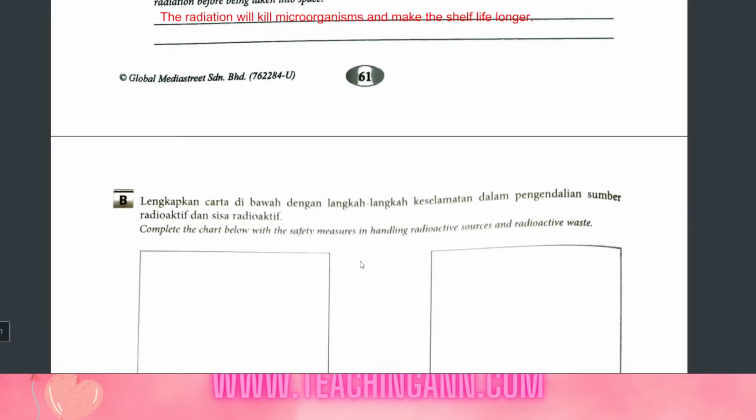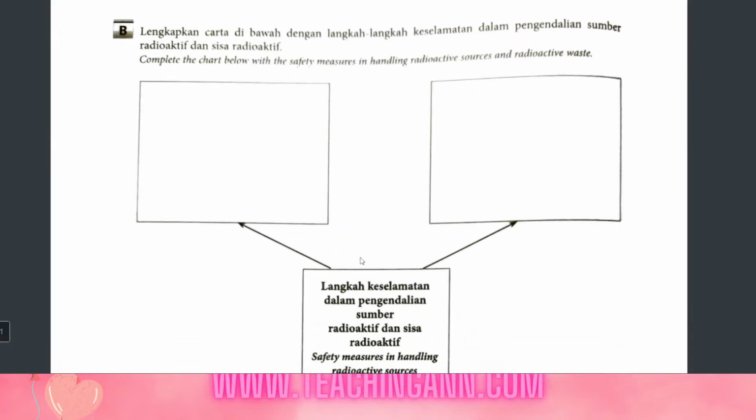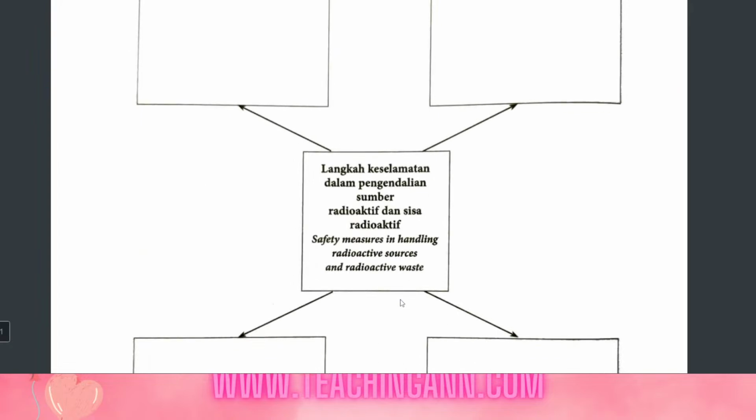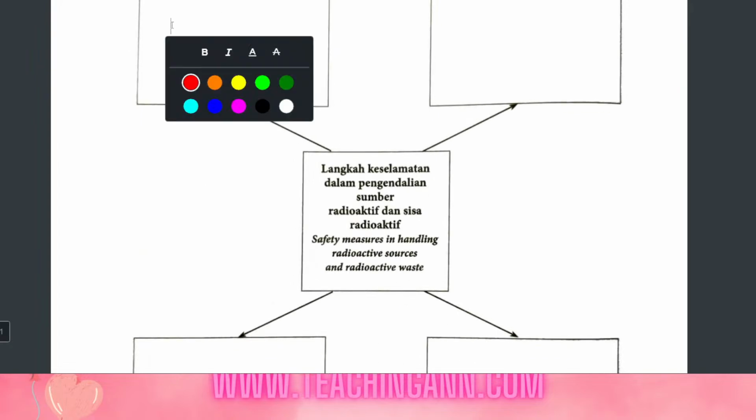Now complete the chart below with the safety measures in handling radioactive sources. Okay, number one, wear personal protective equipment. We finished this one already, last already.